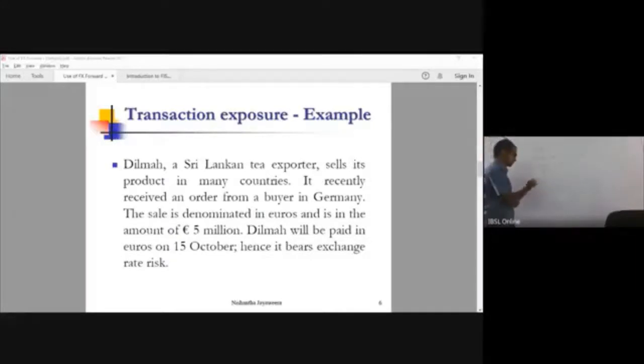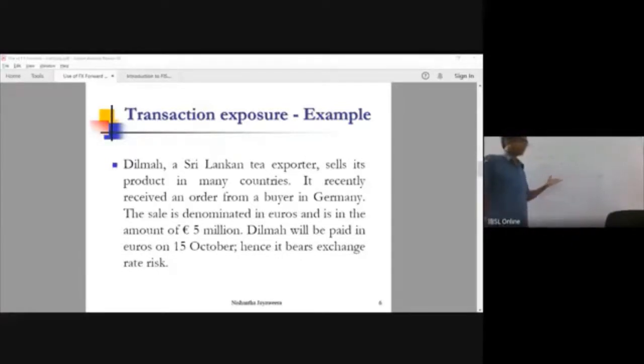Assume by October, when he receives the payment, the euro LKR exchange rate is 200, for whatever reason. Assume by October 15th, when the tea exporter receives euros, the euro rupee exchange rate is 200.